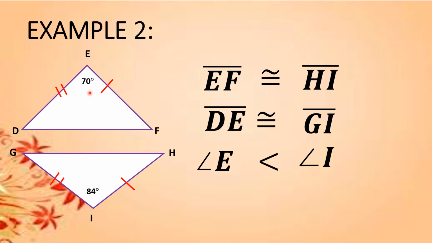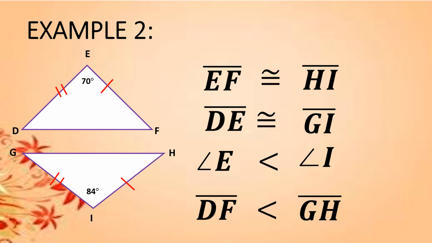So mas mababa o mas maliit si angle E kaysa kay angle I. So if that's so, we can now conclude that the third side of our triangle DEF, since our included angle is less than compared dito sa ating second triangle, we can have now that side DF is less than side GH, okay?